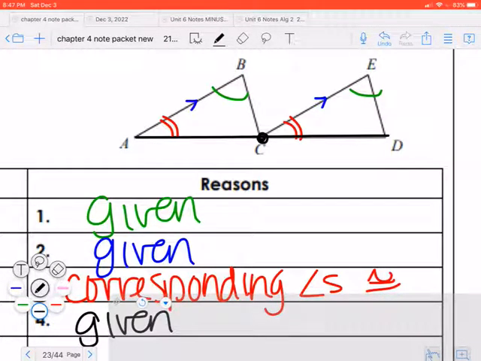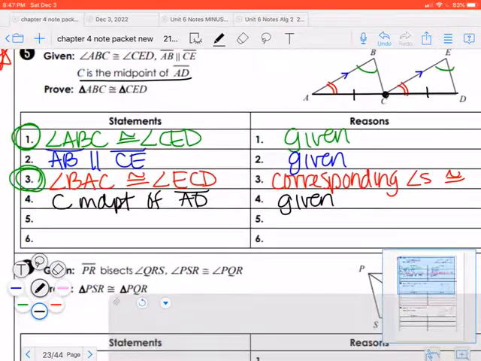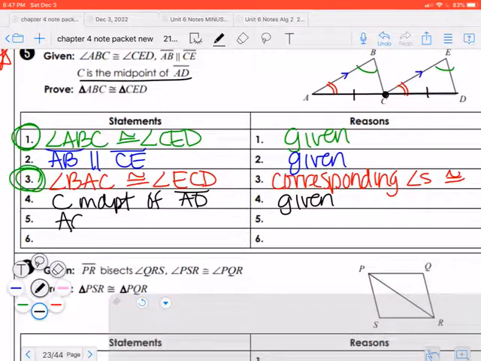We did a midpoint on the previous page. When they tell you something's a midpoint, you can say those two halves are equal. So that's going to be our next statement. AC is congruent to DC. Definition of midpoint. That is the very definition of midpoint.